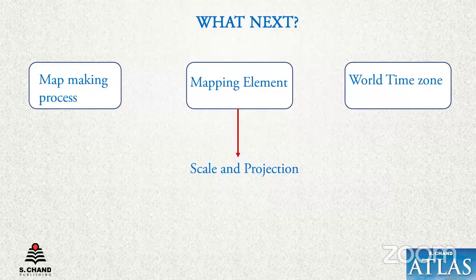The two mapping elements I will explain here are very important for students for examination purposes in their class, or for any competition they are appearing in. This will explain scale and projection, that is, how we are transferring the 3D to the 2D part.